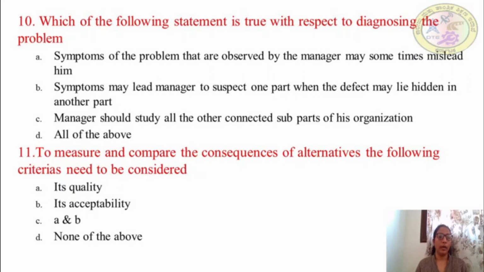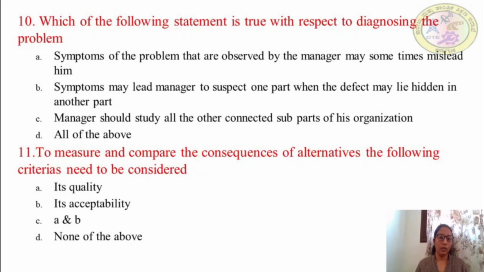Option C. Manager should study all the other connected subparts of his organization. Option D. All of the above. And the correct answer is option D. All of the above. So the manager has to take care of all of these statements listed.